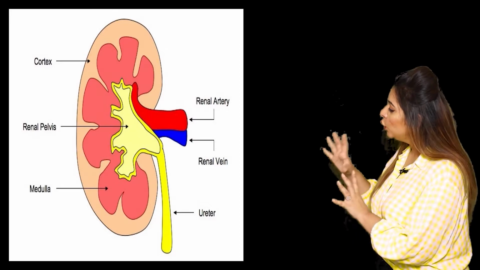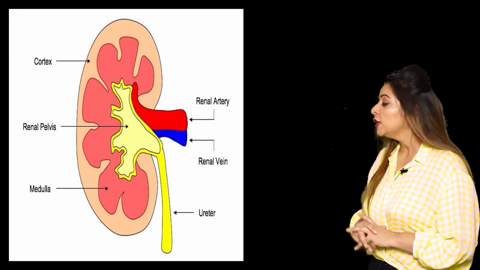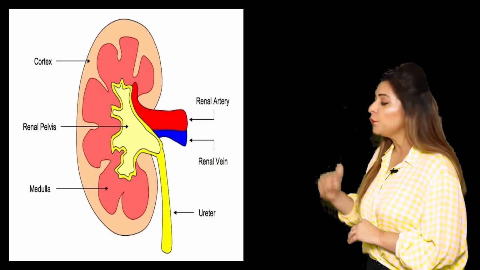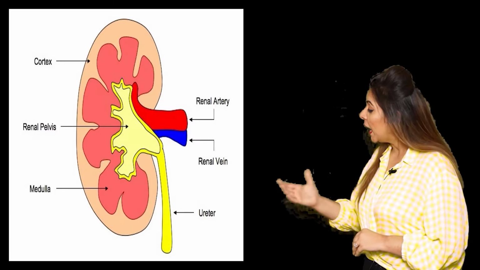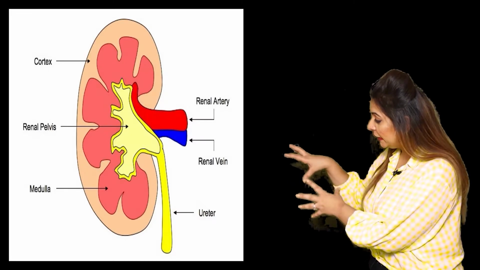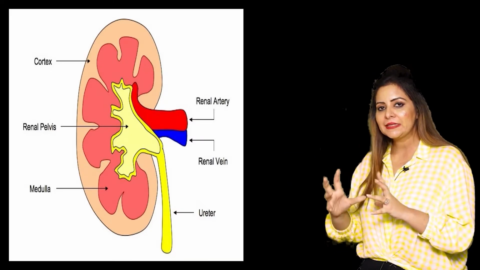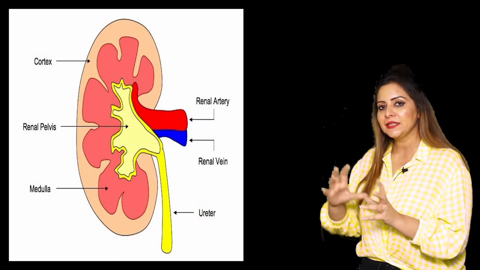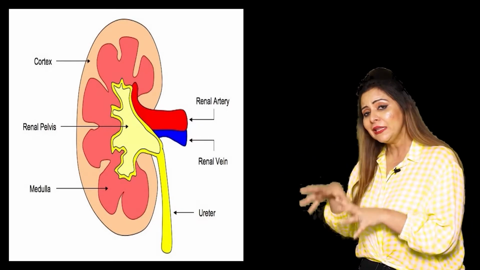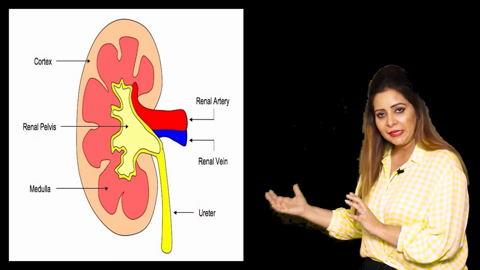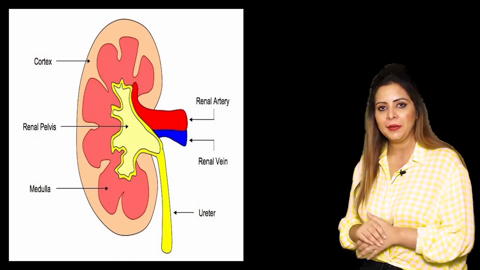Now if you look at the internal structure, we roughly divide the kidney into two parts, right? The outer portion is called cortex and the inner portion, what you're seeing inside it, is called medulla, right? So there is the rough demarcation, that is the cortex, the outer part, and the internal part is called medulla. Got it? Bean-shaped kidney, then we have cortex, then we have medulla.